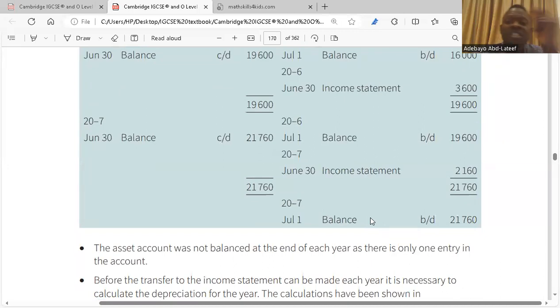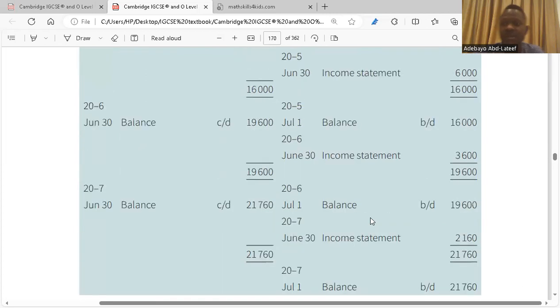So at the end of the year, 2016, the value, you take it away from 25,000. The total value is 19,600. That's the value after 3 years.